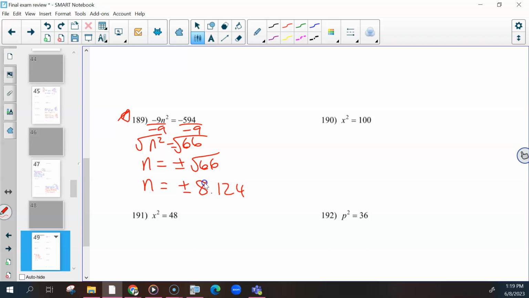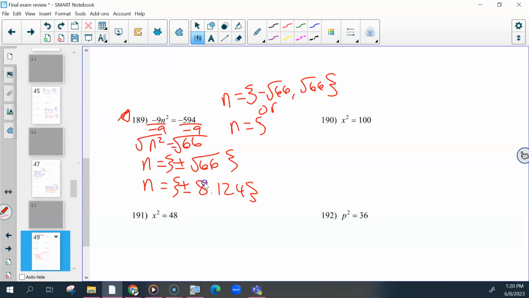So either like this and just put the curly brackets around it, or you can separate them, square root, separated or together.